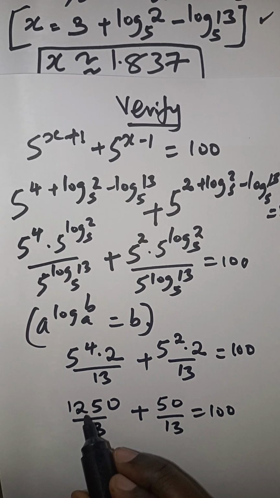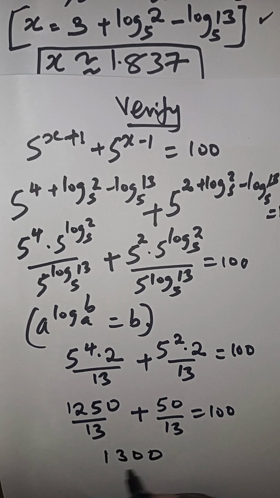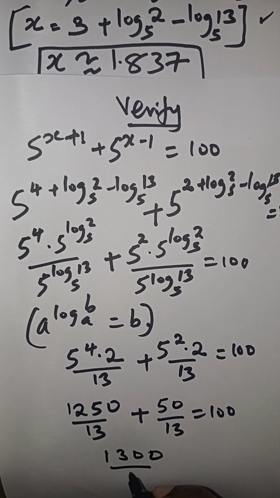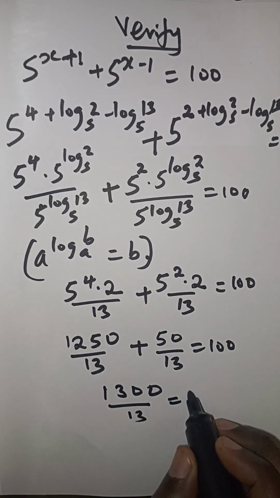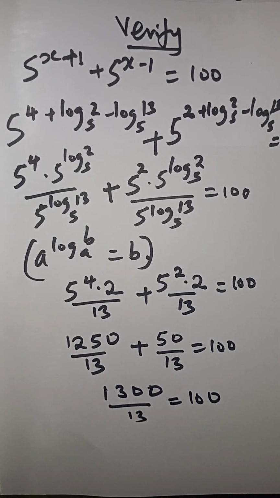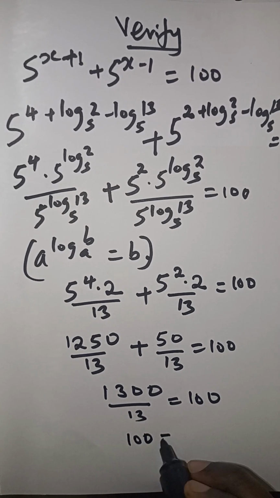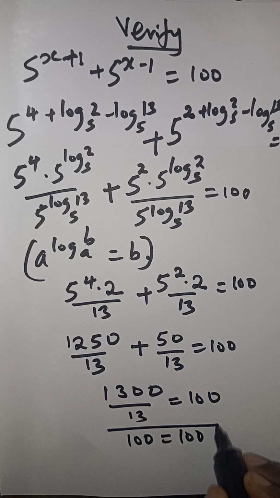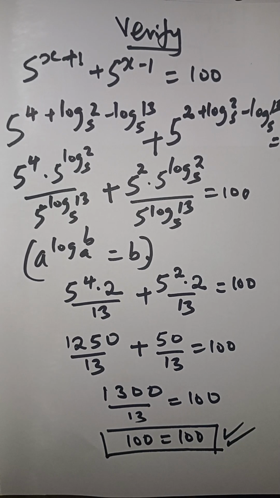Of course, when you add 1250 plus 50, you get 1300. Divide by 13, and when you do that, your answer should give you 100. Of course, dividing this and this, you end up with 100 is equals to 100. Hence, the proof for our answer.